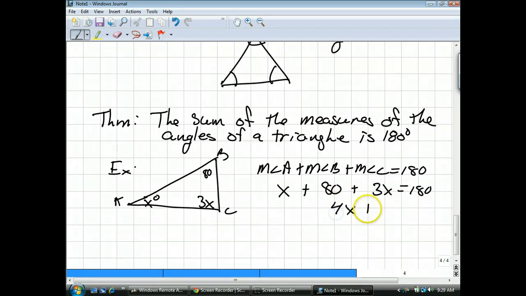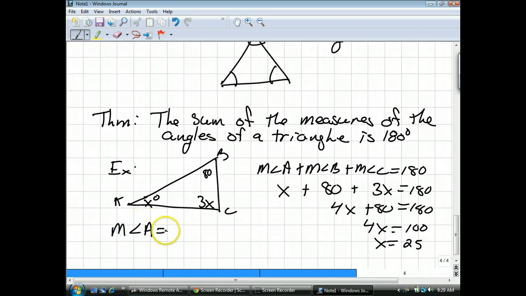So we get 4x plus 80 equals 180. Subtract 80. Divide by 4, so x is 25. So now I know that angle A, measure of angle A, has to be 25 degrees. And measure of angle C must be 3 times 25, or 75 degrees.